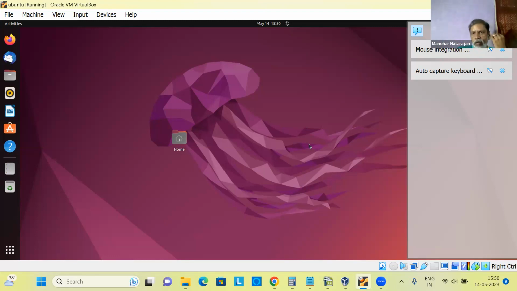But ideally, if you want to learn Linux completely, you totally shut down the Windows. You can have Linux in another partition of your hard disk. We'll go through that process also, so that you can experiment at a later date when we have gone through many of the concepts.